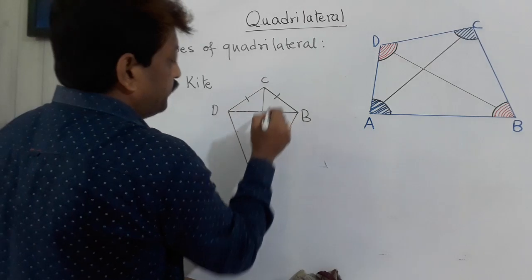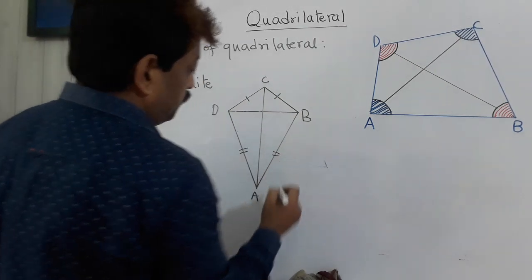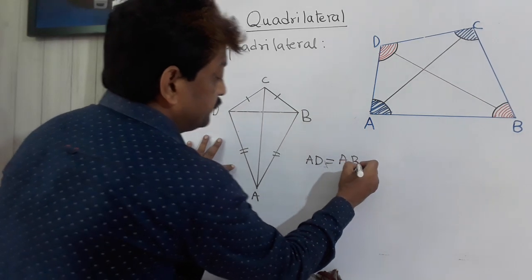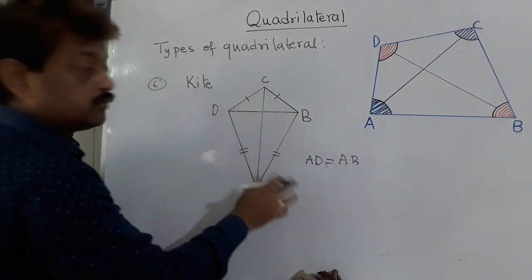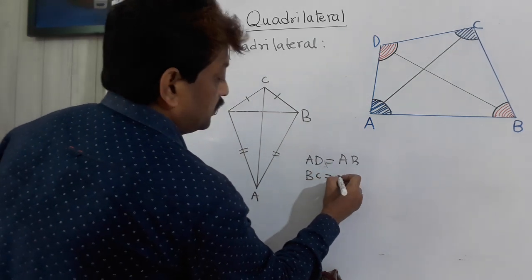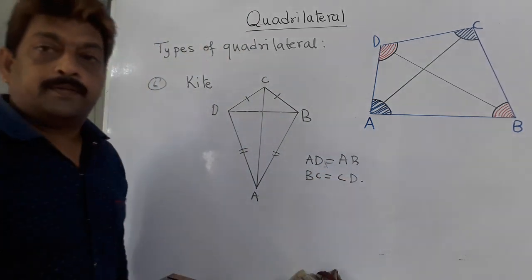Its pairs of adjacent sides are equal. Means AB and AD are equal. These two adjacent sides are equal. Similarly, BC and CD, they are also equal.